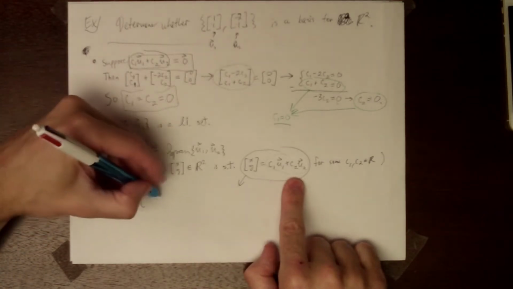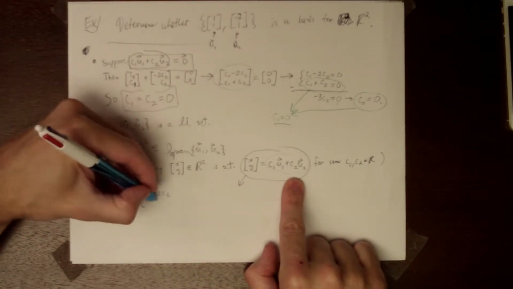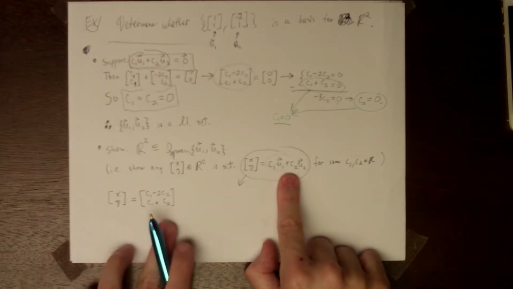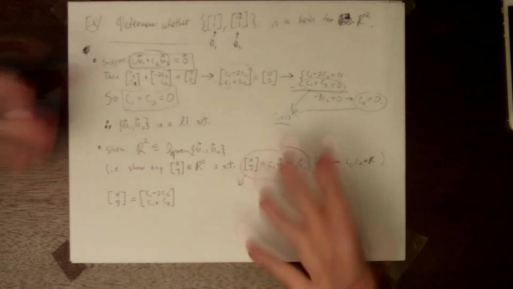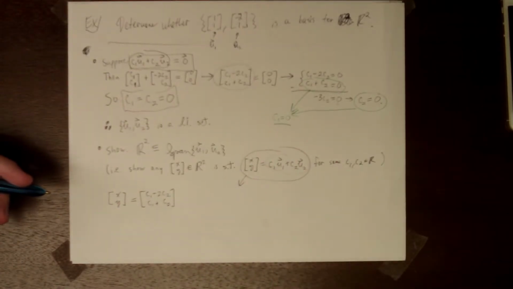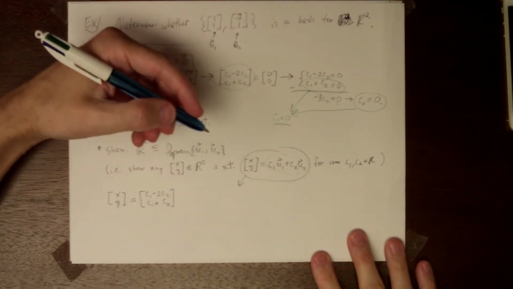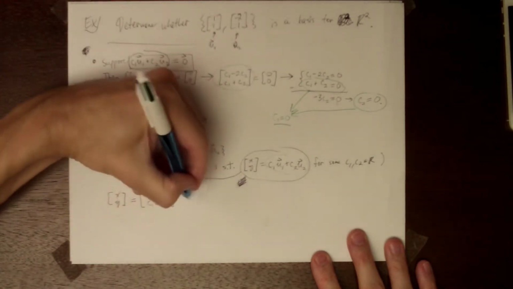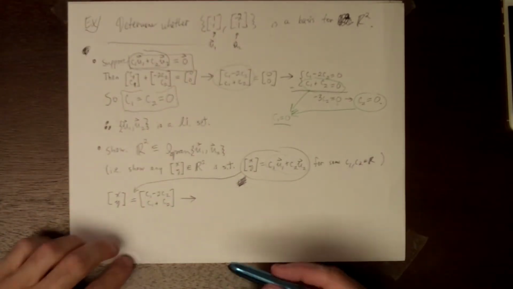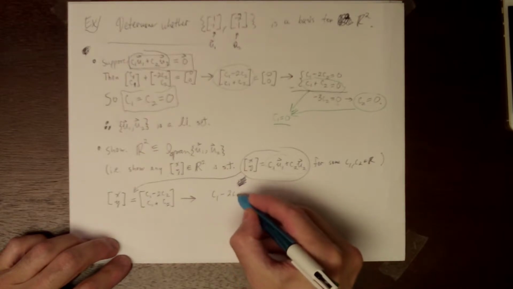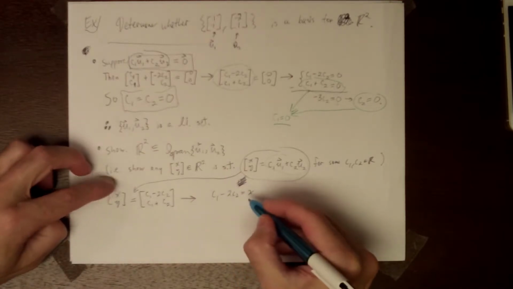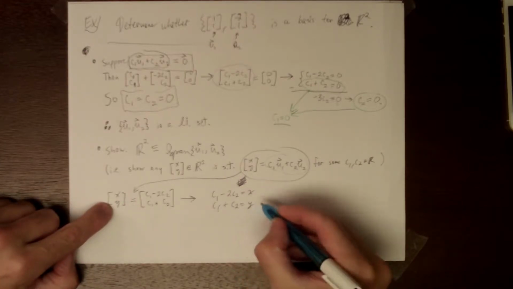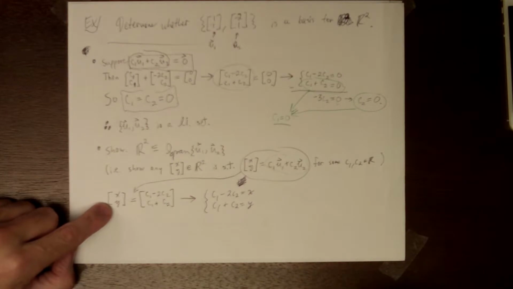So this is c1 minus 2c2, c1 plus c2. So x, y has to equal that. That's a system. So then we got c1 minus 2c2 is equal to x, and c1 plus c2 is equal to y. And that makes our system up.